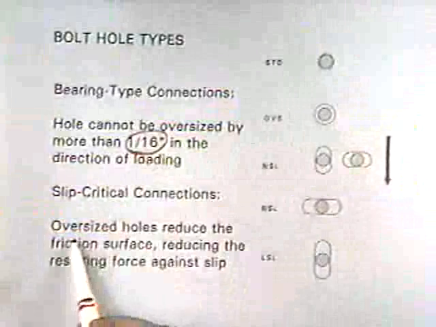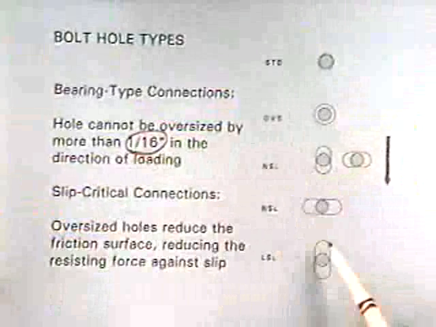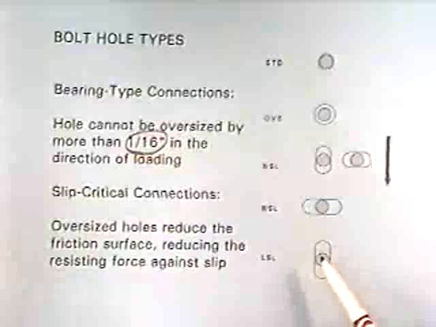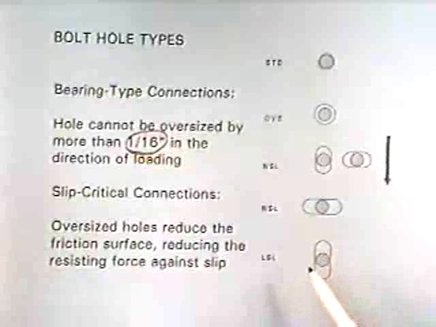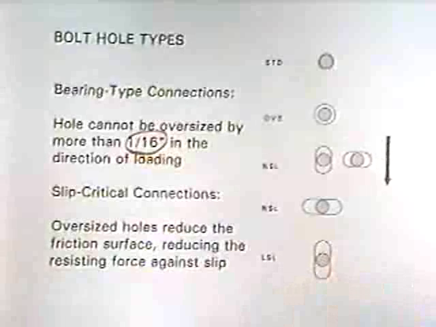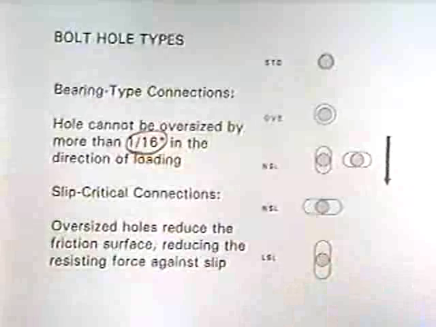Slip critical, what happens is we can have oversizing, but what that does is take away area of the plate. And that area of the plate was giving us the strength, the resistance in the connection, because that's where the frictional stresses or forces were developing to resist slippage in the connection.